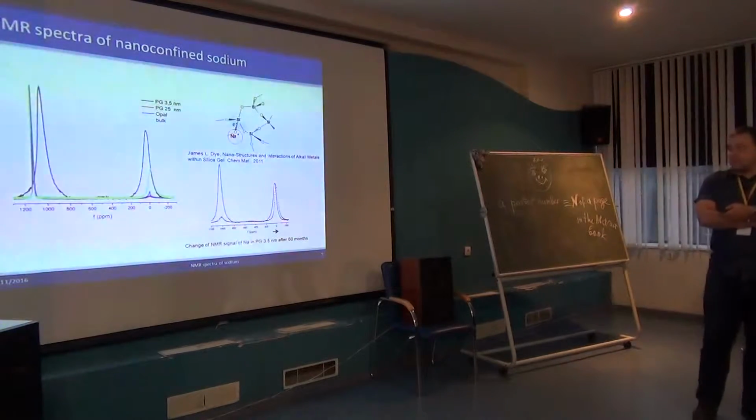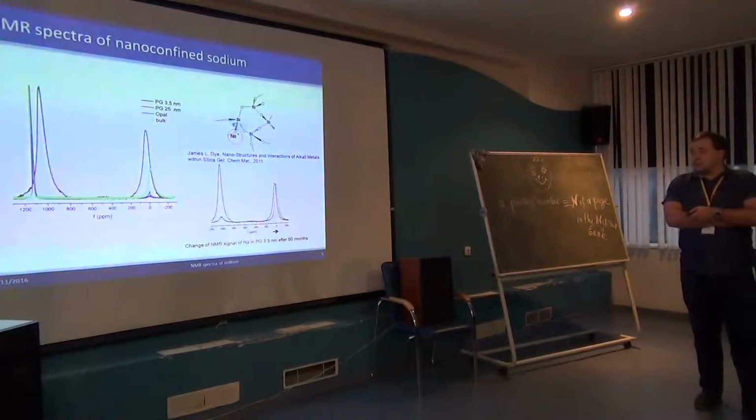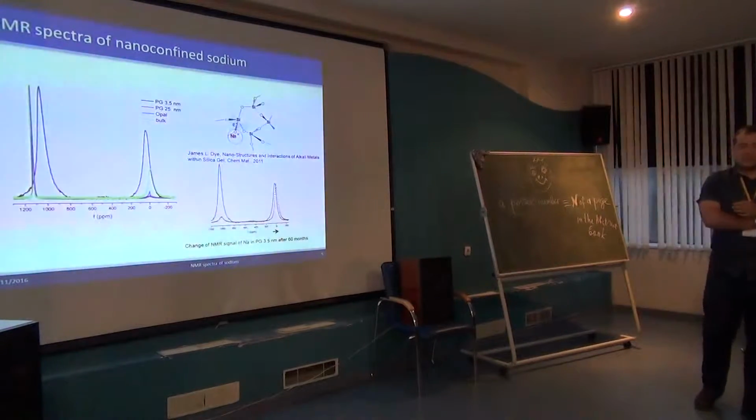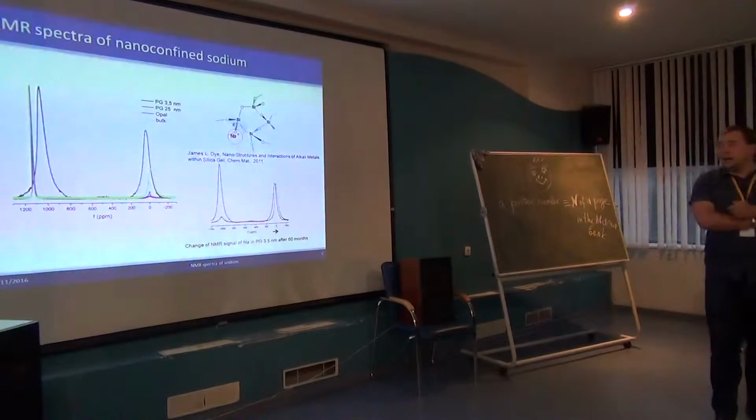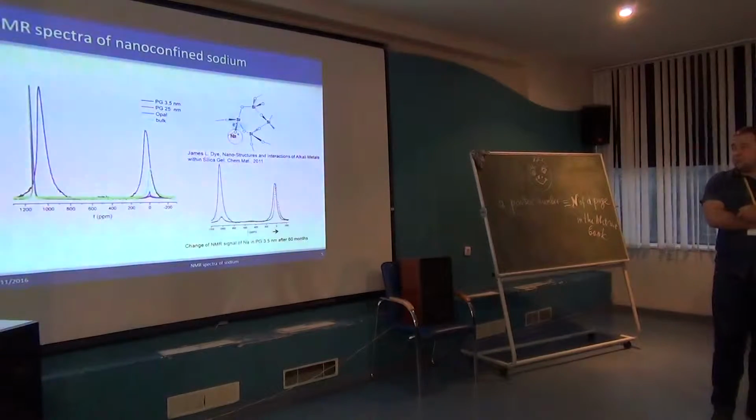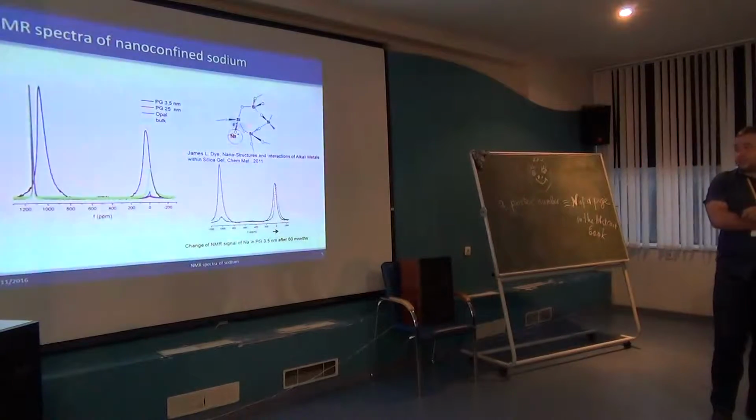You can see here the left line, which is corresponding to metallic sodium, which will be discussed a bit later. And the right one is corresponding to evidently some kind of oxidated sodium. But in some works, the authors believe that this line appears because of interaction of metallic sodium with silicon matrix.